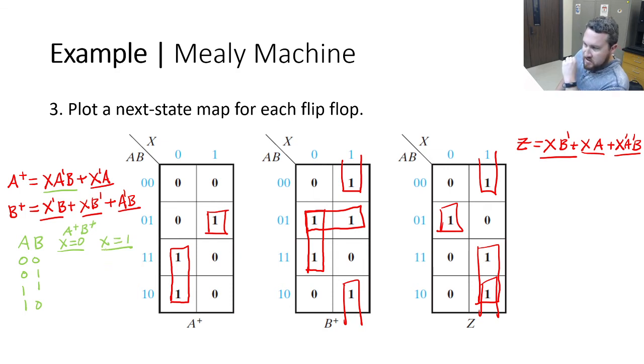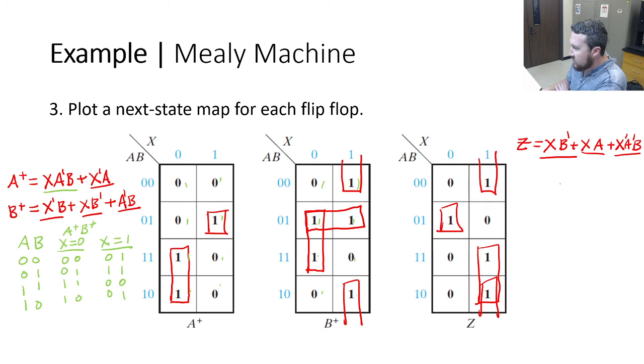So for X equals 0, A is going to be 0, 0, 1, 1. And for B, it's going to be 0, 1, 1, 0. And then for X equals 1, the A column is going to be 0, 1, 0, 0. And for B, it's going to be 1, 1, 0, 1.